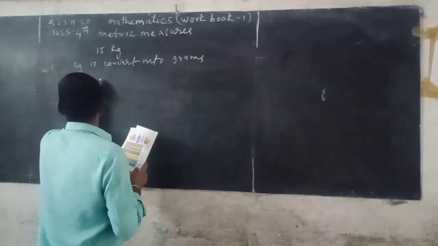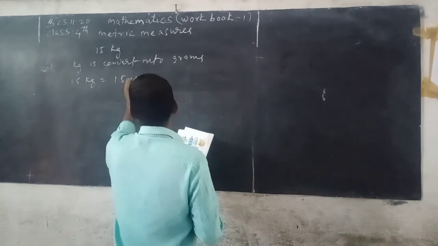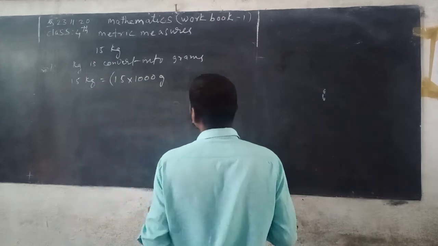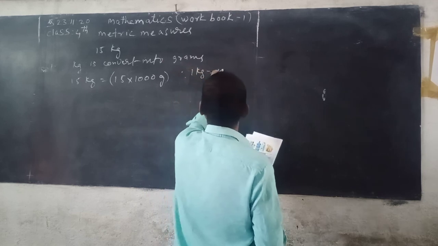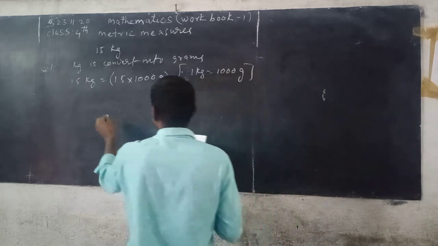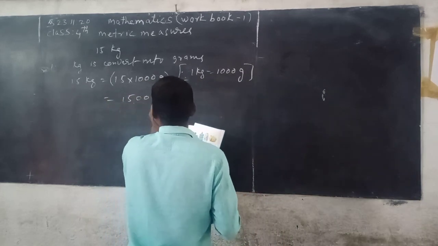See, 15 kg is equal to 15 into, 1 kg is equal to 1000 grams. So 15 is multiplied by 1000. See here, write down 1 kilogram is equal to 1000 grams. So what do we get? 15,000 grams.